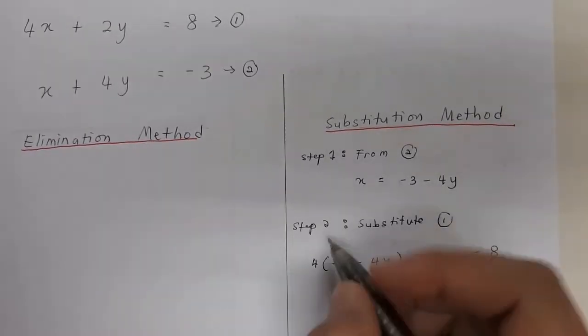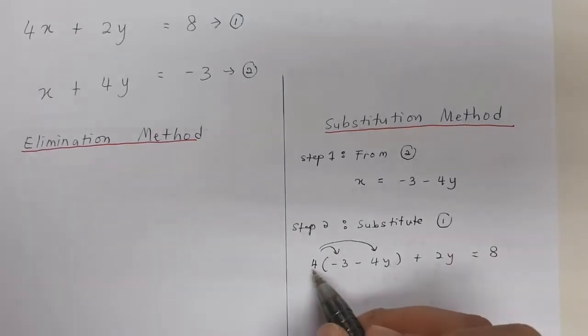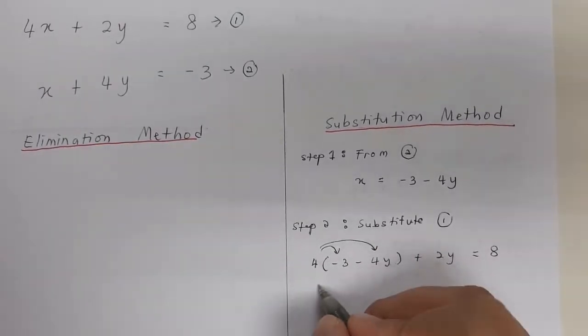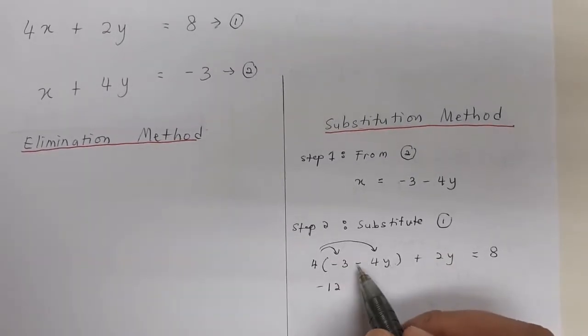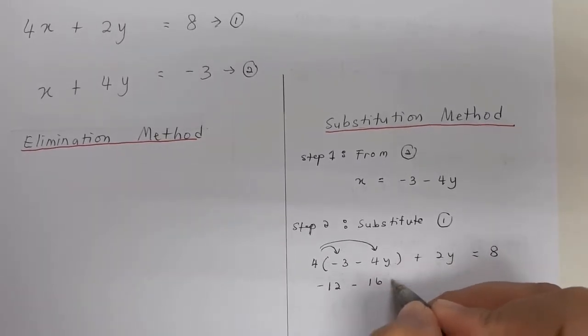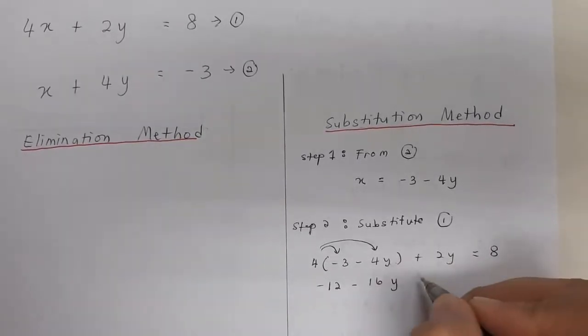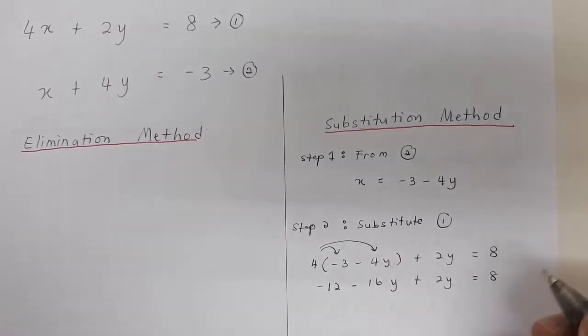And then expand. 4 multiplied by negative 3 is negative 12. 4 multiplied by negative 4y, we get negative 16y. Okay, the rest just follow. Plus 2y equal 8.